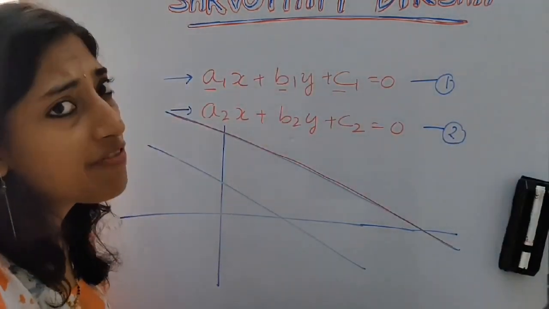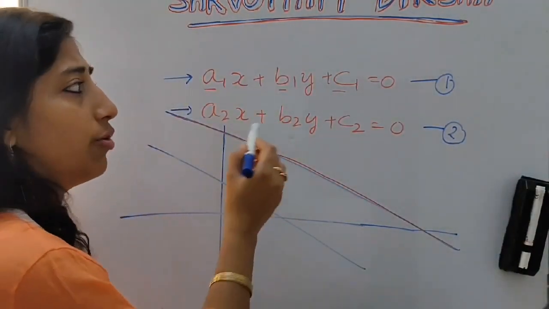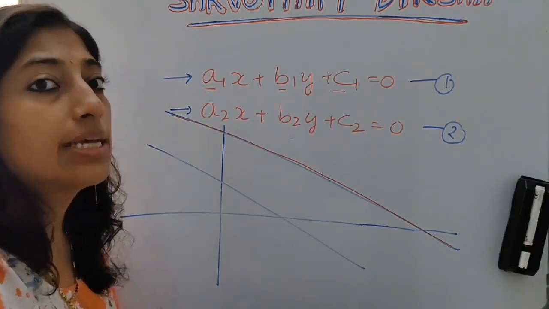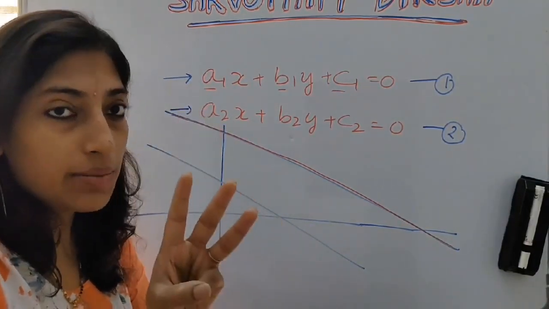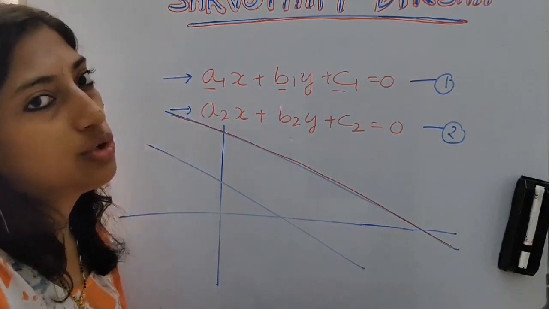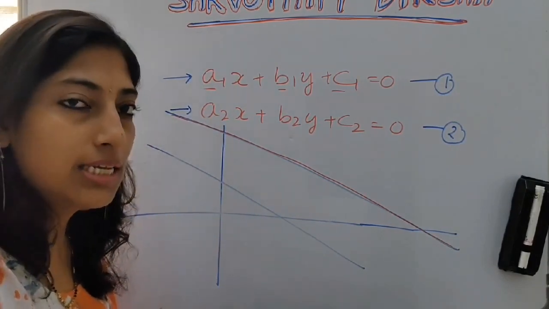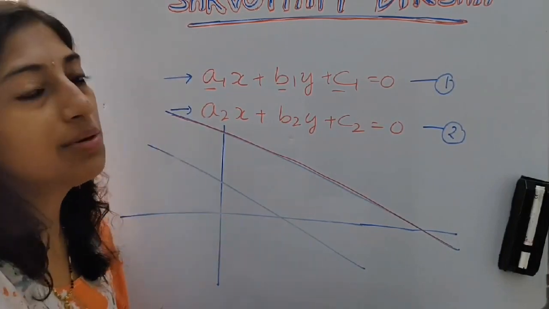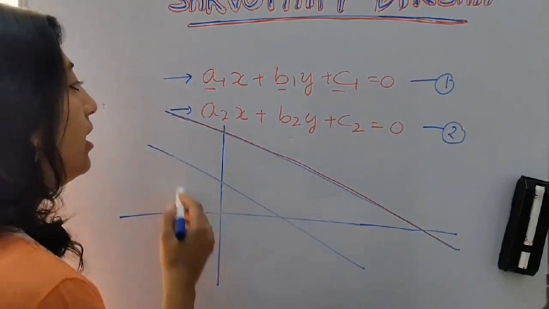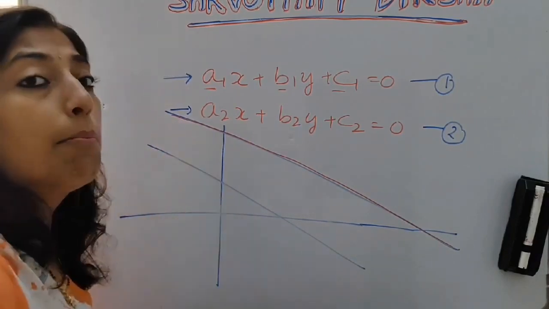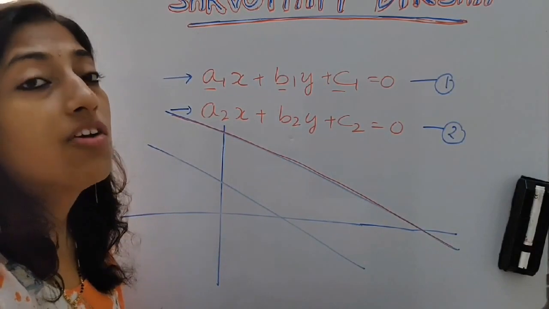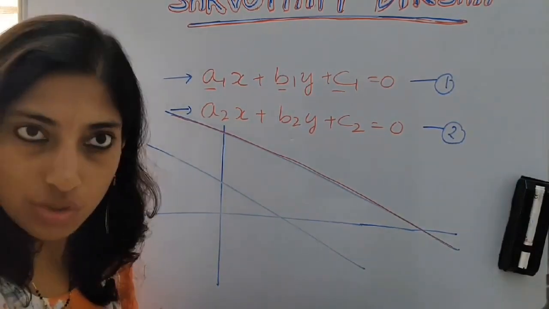It means if I am having two linear equations in two variables, there will arise three cases. In first case, the two lines are intersecting and they have one unique solution. In second case, let us consider lines are parallel. They are not intersecting at all. So here we will be having no solution.